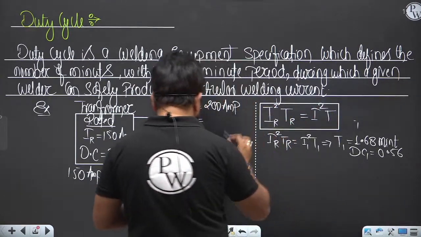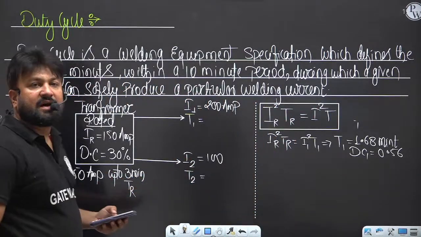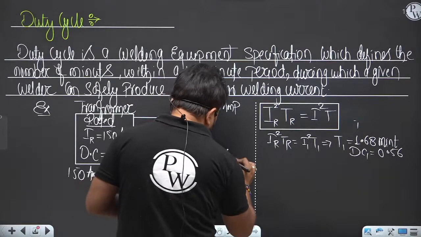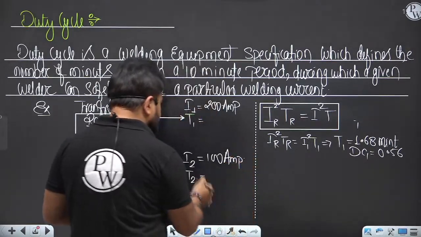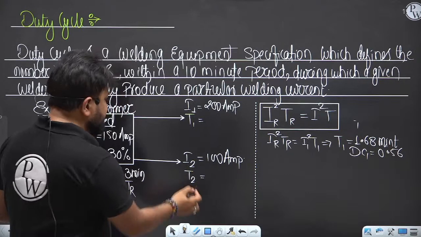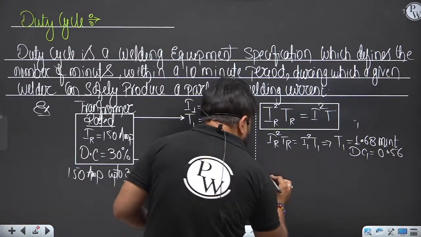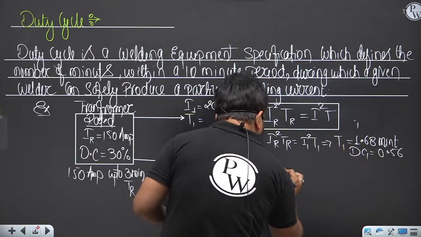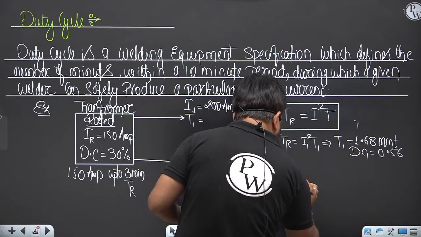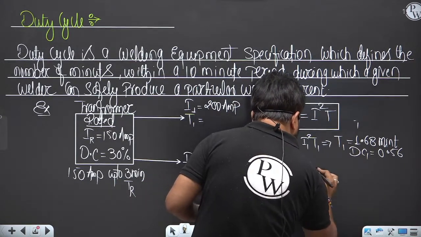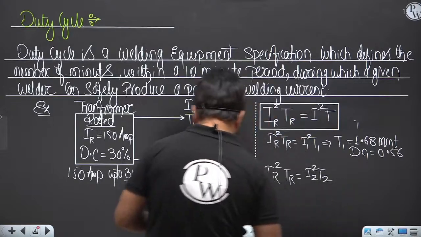Now, suppose your drawn current is 100 ampere. What will be the duty cycle corresponding to that? We can write: rated current squared into rated time equals I2 squared into T2.